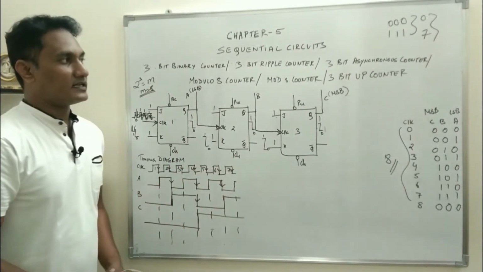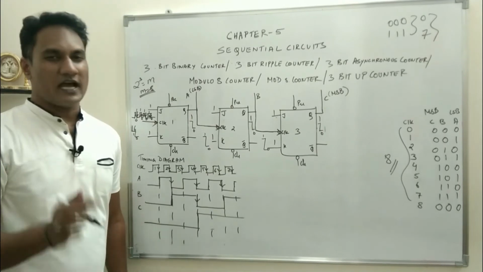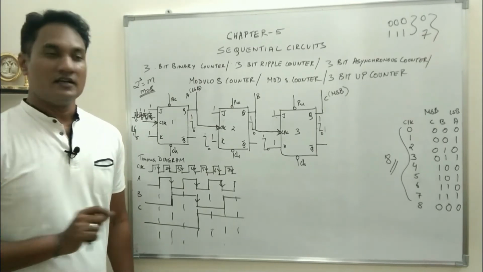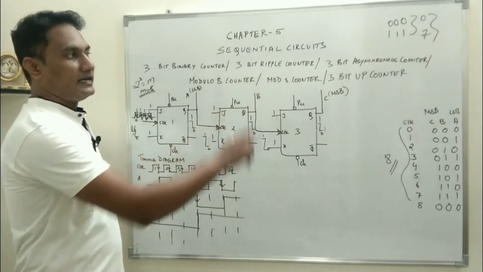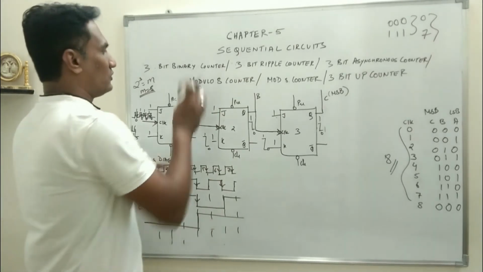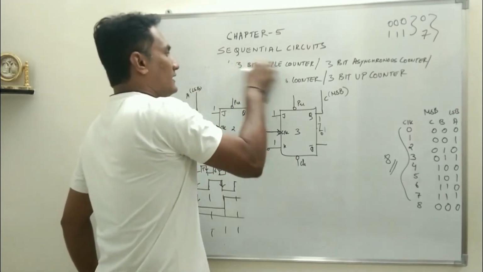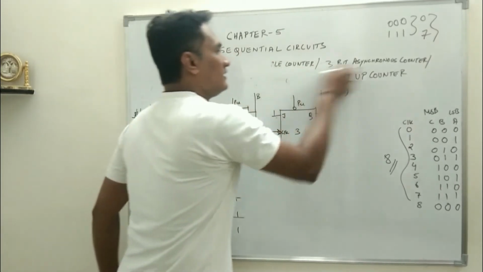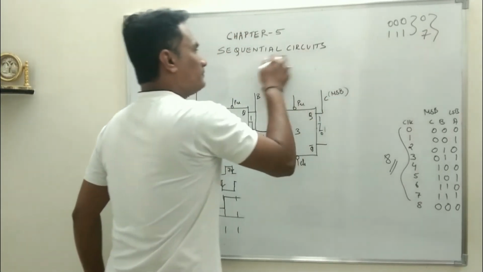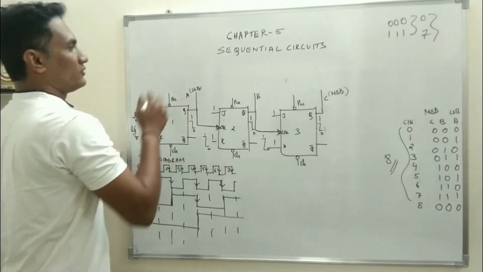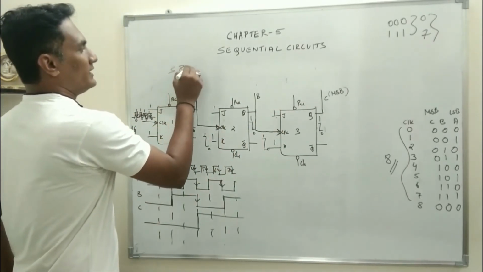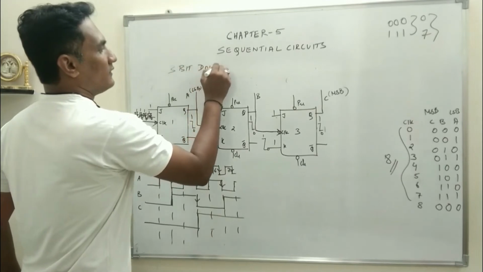Now we will try to understand the 3-bit down counter. We have to make a small modification in the circuit to make it a 3-bit down counter. So I'll rub off all these headlines, and instead we will try to understand the 3-bit down counter.